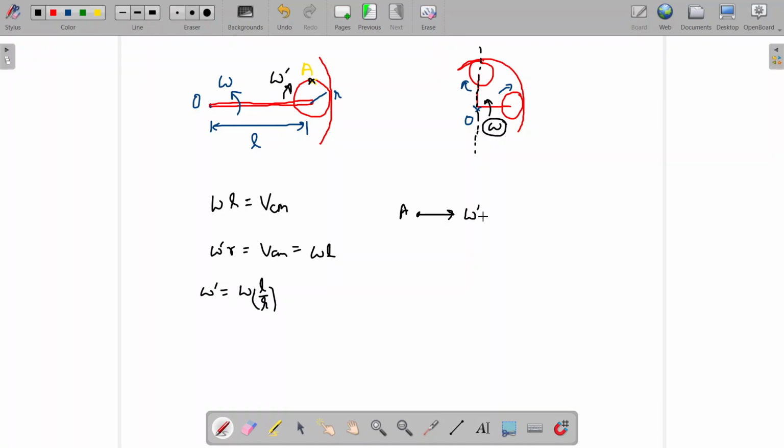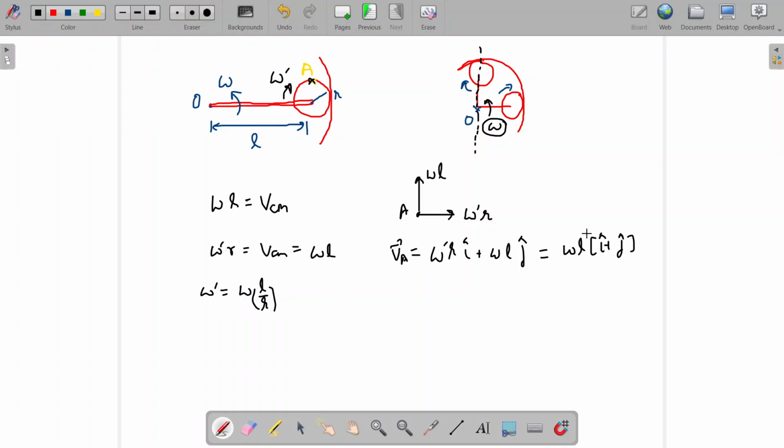It would be omega dash r to the right, and the vertical direction would be simply omega L. So the velocity of point A would be omega dash r i cap plus omega L j cap. Thankfully both the values are available for us, and they are equal as well. So we can simply write this as omega L times (i cap plus j cap).